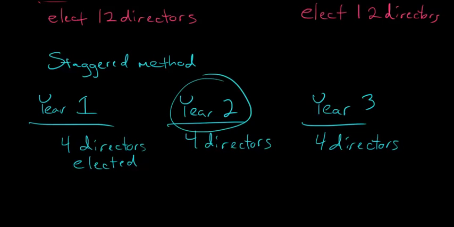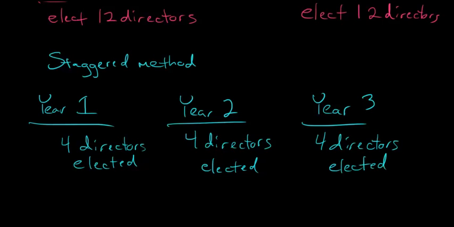Then in year 2, a different 4 slots are elected, and in year 3, the other 4 slots have an election. So it's really the timing. We're not dumping all 12 elections into one period. We're staggering the elections so that every year some elections take place.